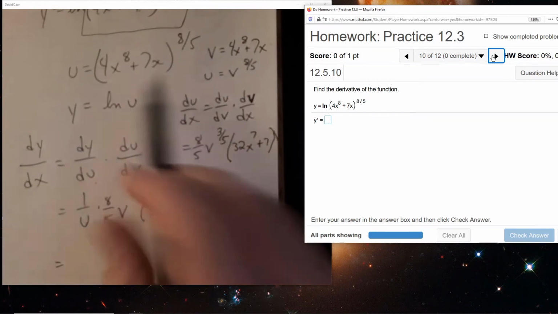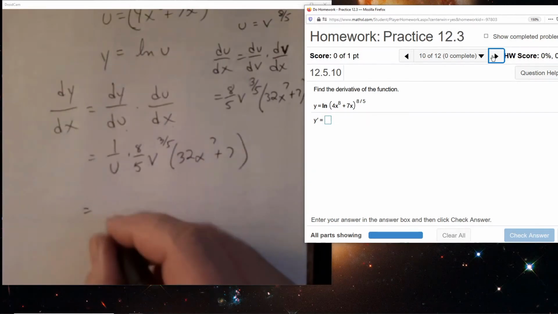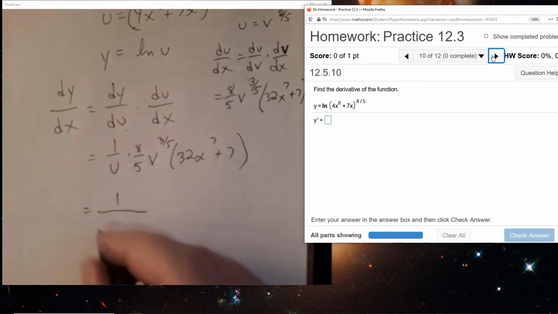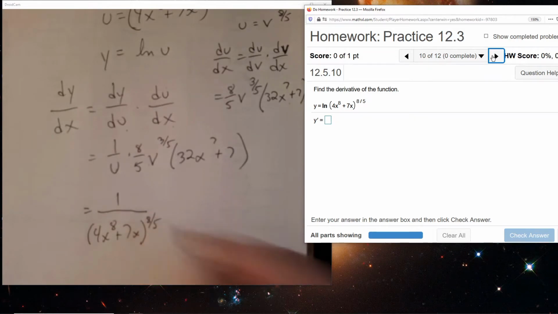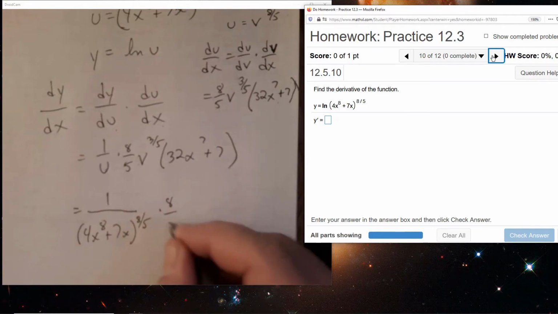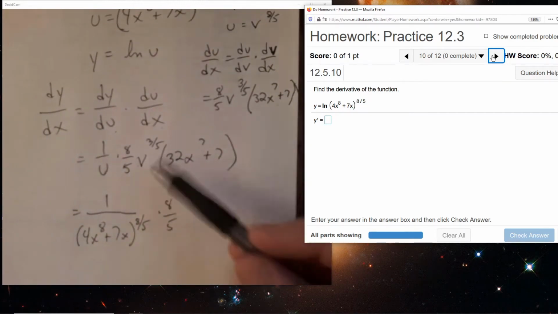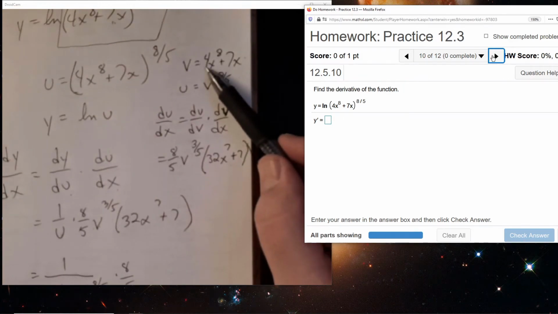So we said u is this composite function. So we have 1 over that composite function times 8/5. And now we have v. V we defined up here.